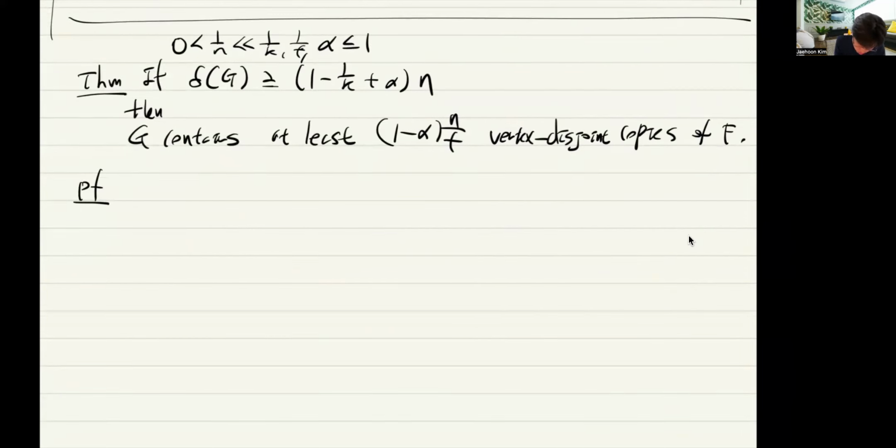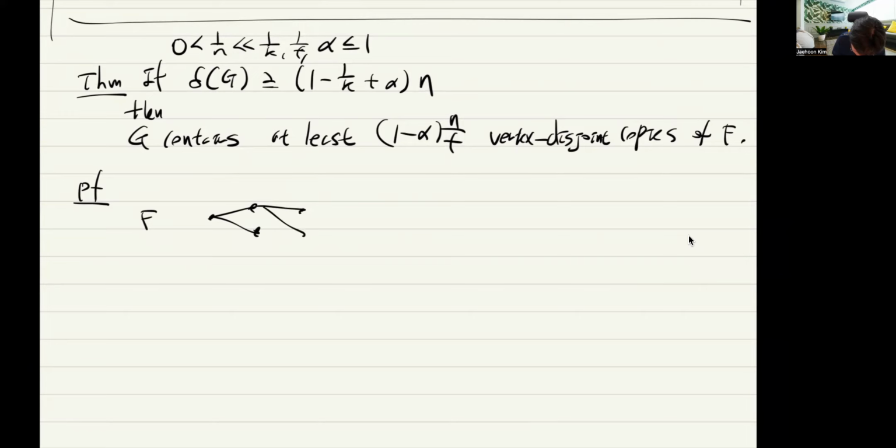Whatever your F is, it is a k-partite graph, so its chromatic number is at most k. Let's say this is your F, and let's say your k is 3.